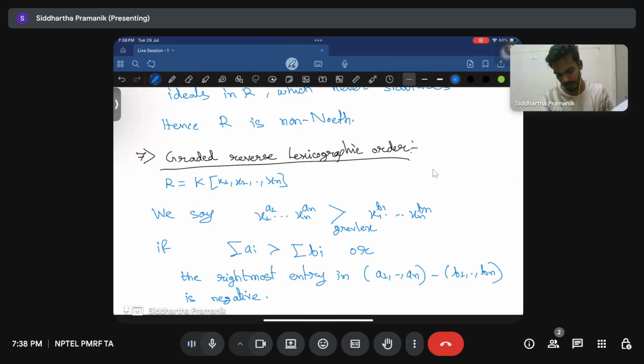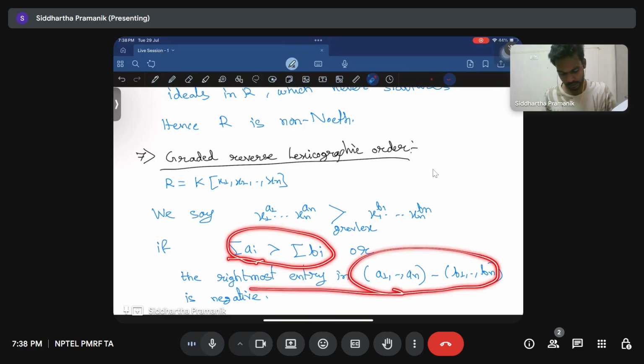So this is the graded reverse lexicographic order. So either the total degree is bigger or the rightmost entry in the difference vector is negative.